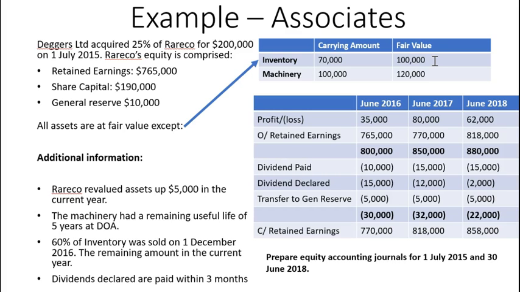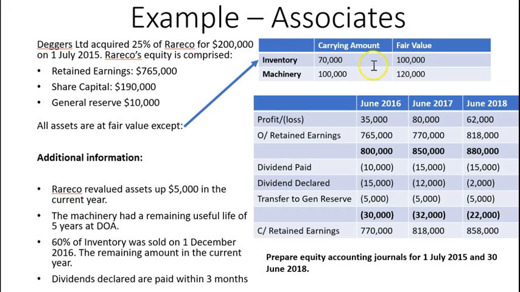So when this 60% of inventory was sold in the prior period, Rareco, who is the associate, would have used the $70,000 amount as their cost of inventory. But from our perspective, being the acquirer, we need to use the fair value of the inventory at the date of acquisition as the cost valuation for our inventory.